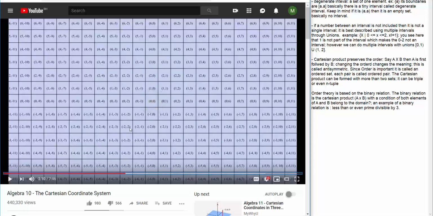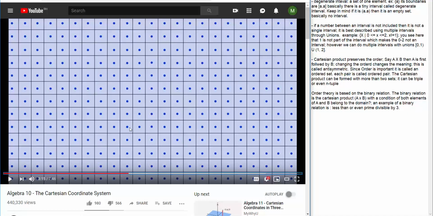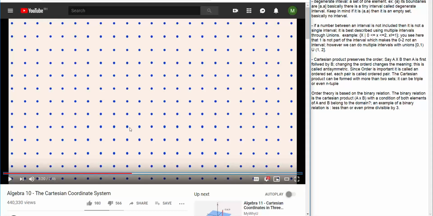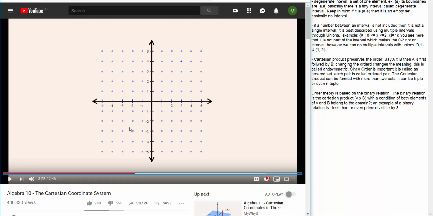And if you try to visualize that, you could think of each ordered pair as a point in a system, and that point can be plotted on the x and y axes. As you can see here, each point corresponds to a point somewhere in the system.